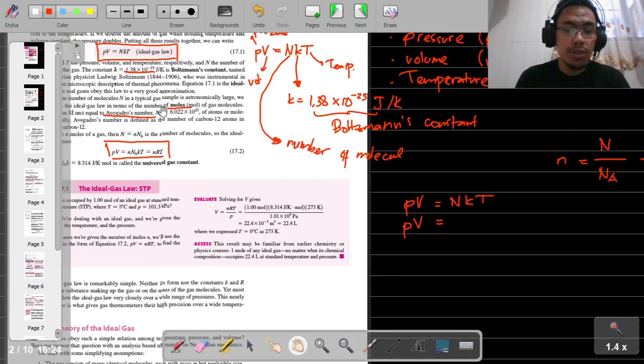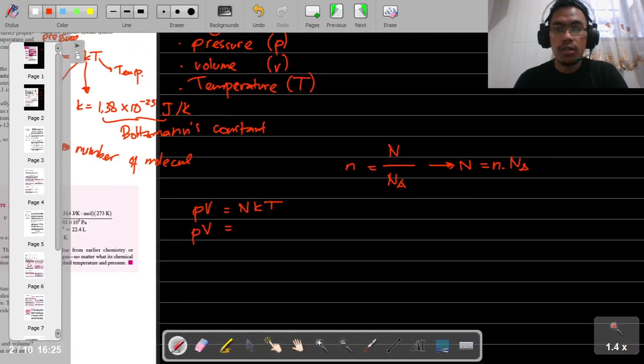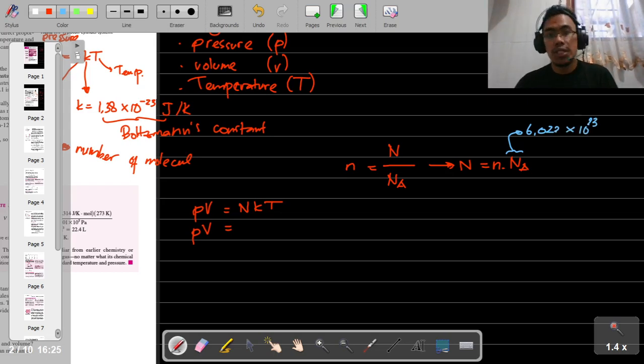In this book, it is already mentioned that the value of NA, the Avogadro number, is 6.022 times 10 to the power of 23 molecules.